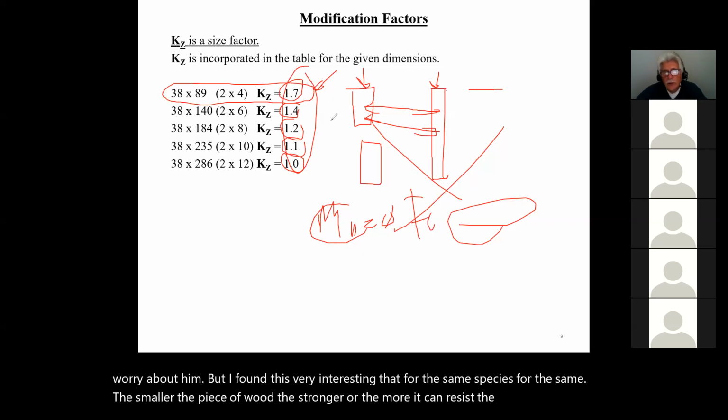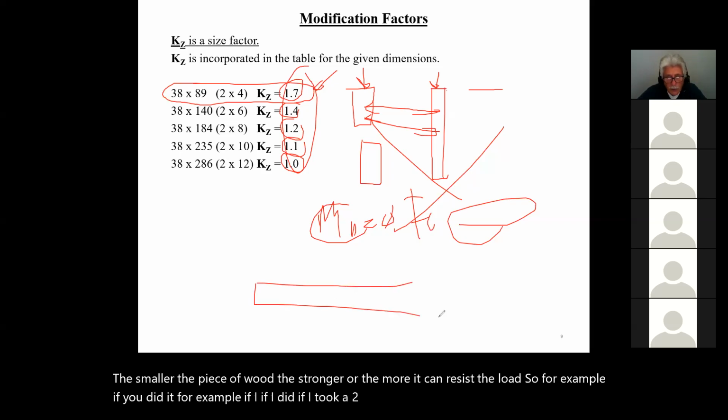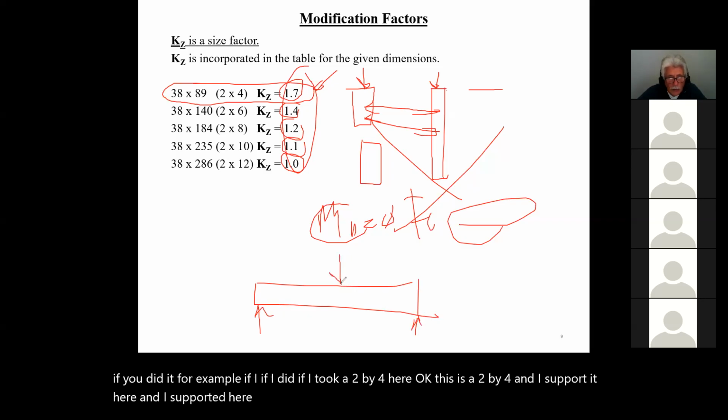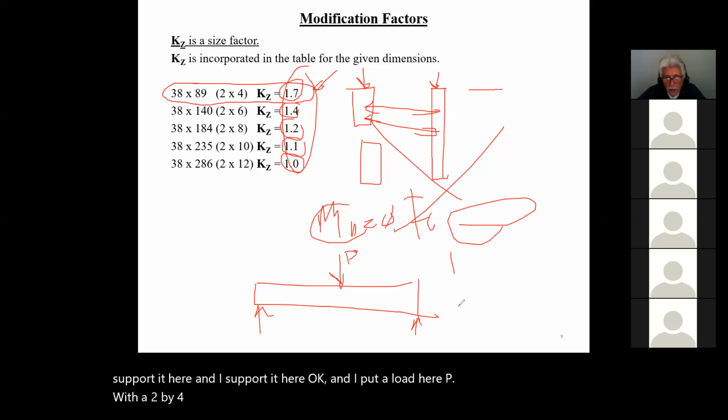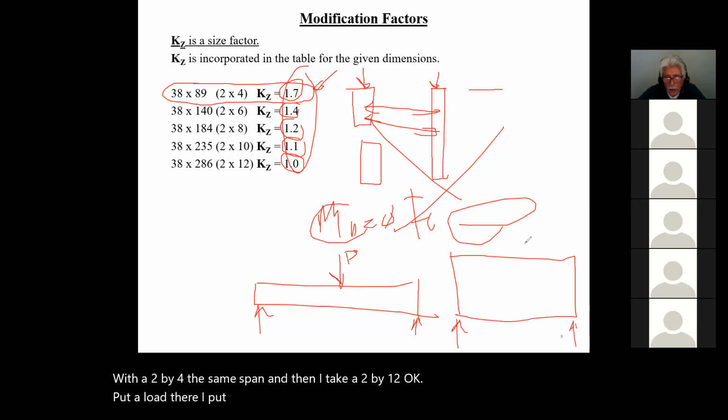So for example, if I took a 2x4 here, and I supported it here and here, and I put a load P there, with a 2x4, the same span, and then I take a 2x12 and put a load P there.